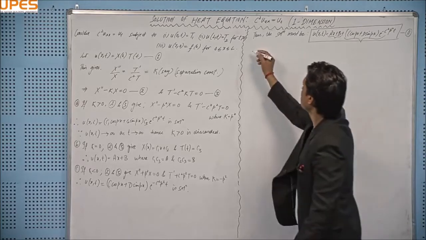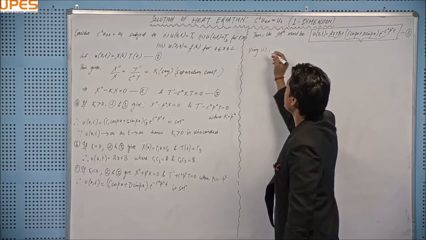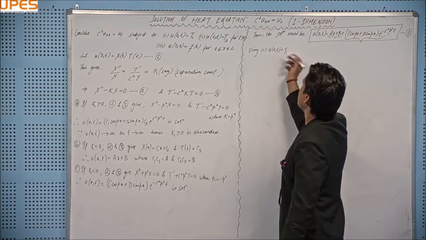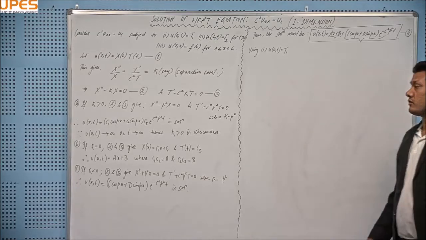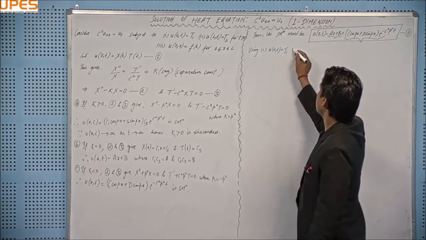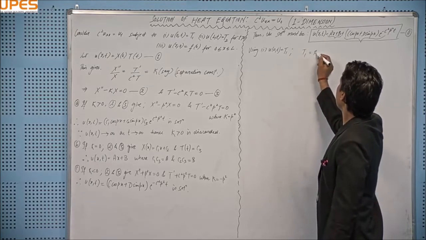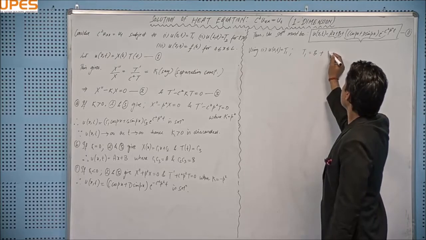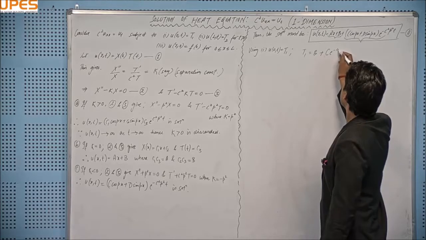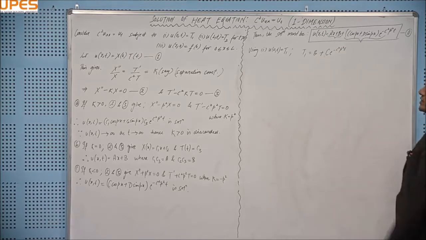Using the first condition, that is u(0,t) equal to capital T1, where T1 is the temperature of the left end of your rod, on plugging this here, I will get T1 equal to B plus C e to the power minus c square p square t, right? And then you can compare both sides.